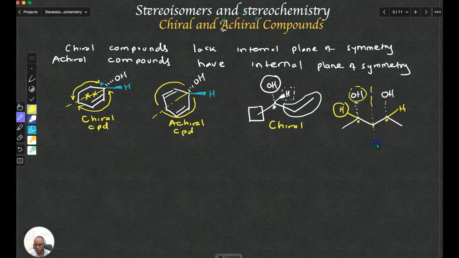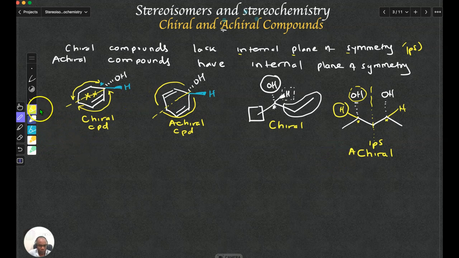However, we have an internal planar symmetry that makes this molecule what we call meso, because it has at least 2 chiral carbons, 2 asymmetric carbons, but it has an internal planar symmetry. Internal planar symmetry, allow me to call it IPS. So in that case, this one is achiral because there is internal planar symmetry somewhere.